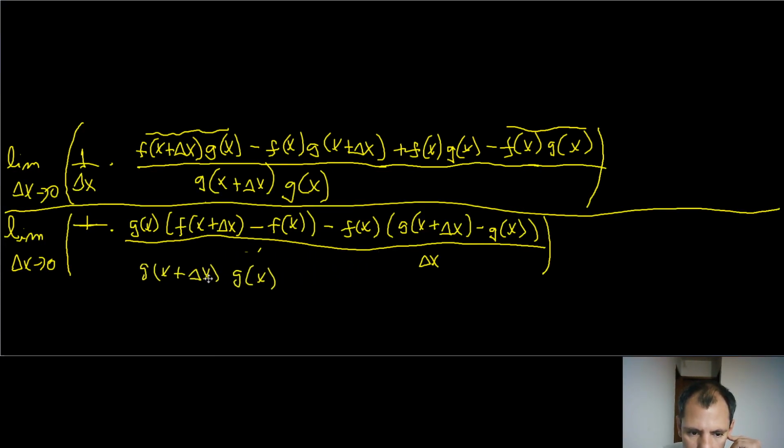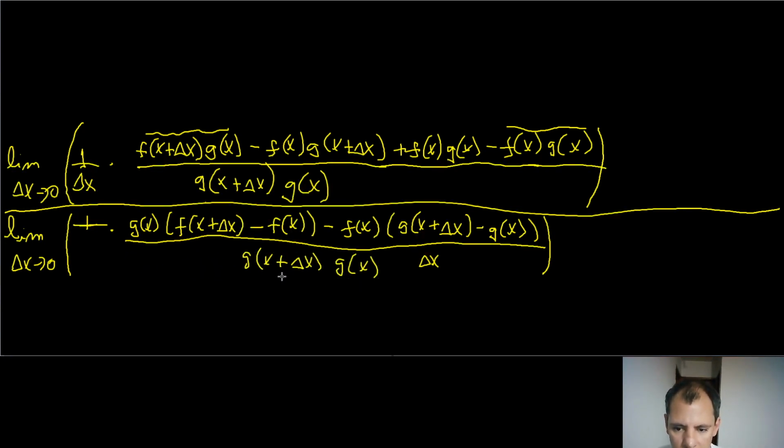Nah, that's a bad idea. I'm just going to go back to what it was. All right. Anyway, now you have this 1 times this whole thing, and you have the delta x times this whole thing. Is g of x going to be altered in this limit? No. So this g of x is just a constant. So we repeat it. Okay.